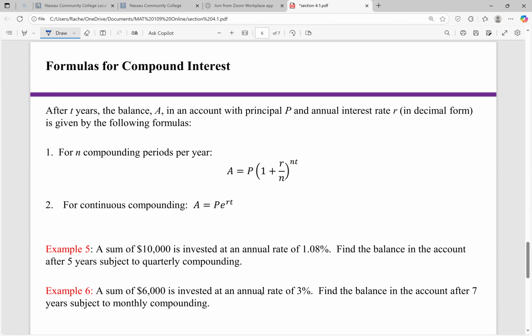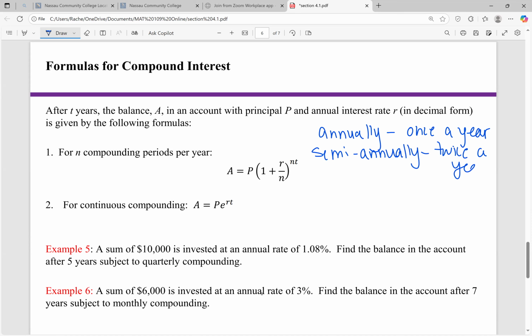For example, we might want to calculate interest annually, which would be once a year. We might want to calculate semi-annually, which would be twice a year. We might want to compound interest quarterly.